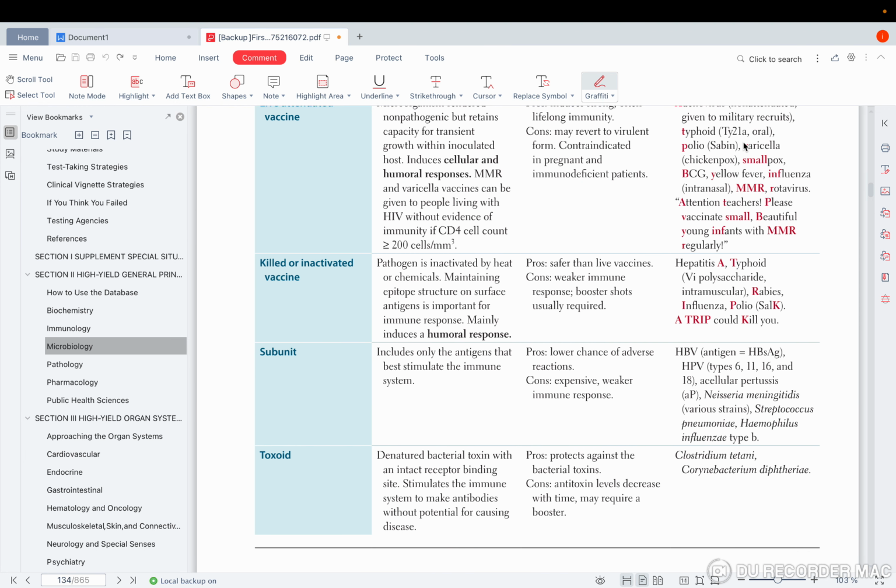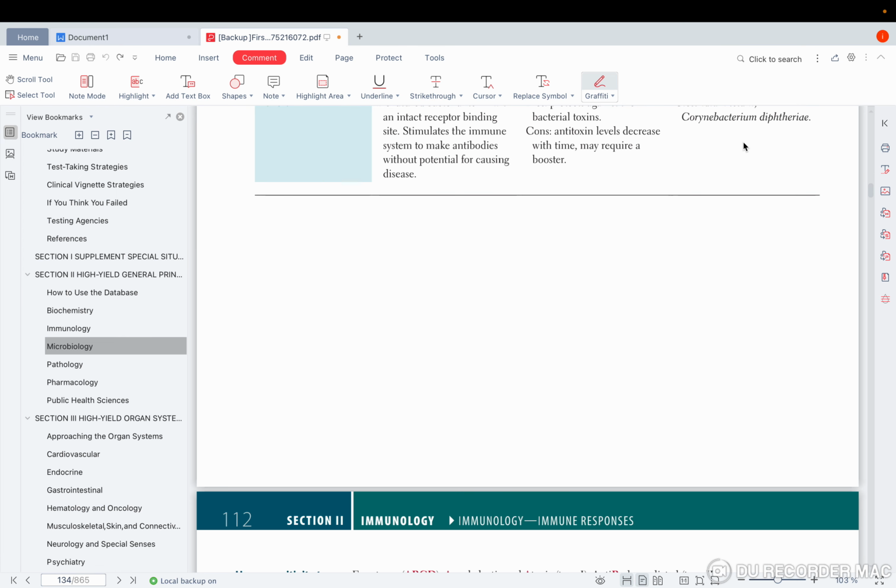And can somebody tell me until which level can you give live vaccine in immunocompromised patient? Until which CD count? 200. Yes, more than 200. If it's less than 200, don't give it. Bad idea.